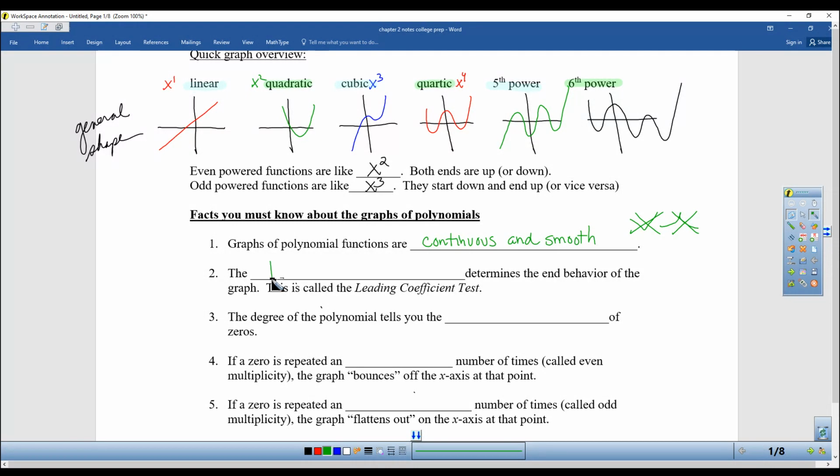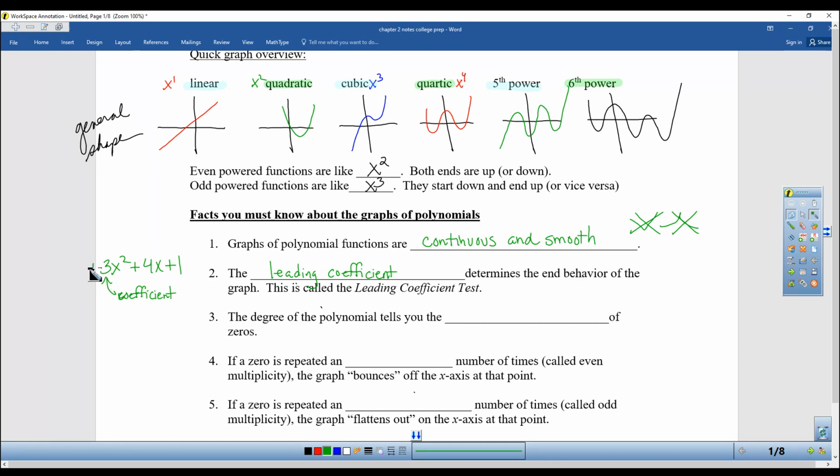The leading coefficient. So remember, a coefficient is the number in front of the x. That's called a coefficient, where the x is called the variable. The leading coefficient just means it's the one in the lead. It determines the end behavior.